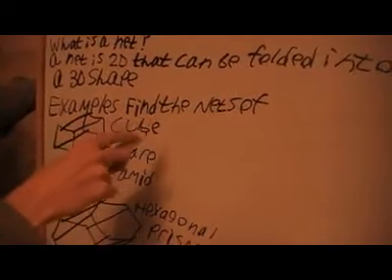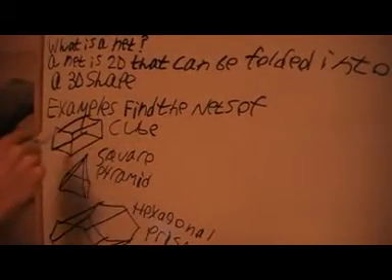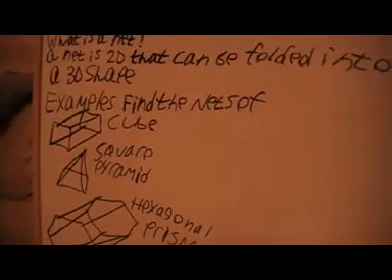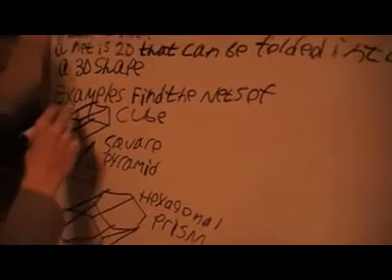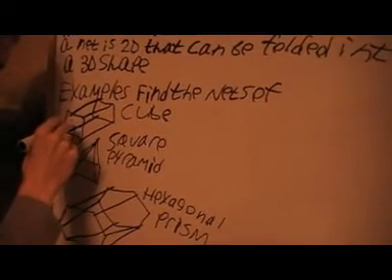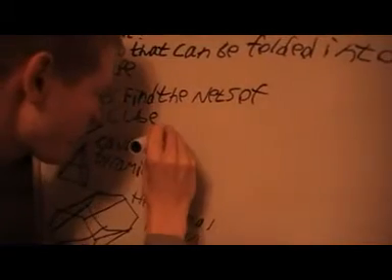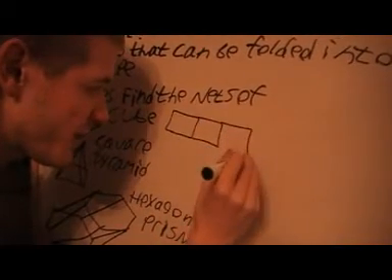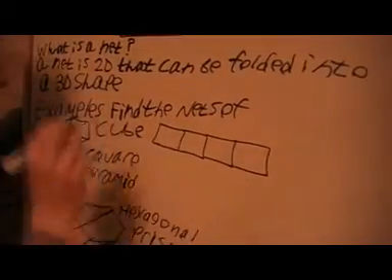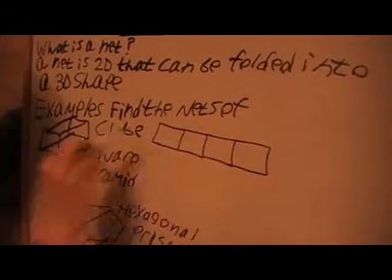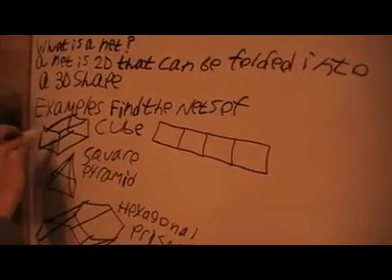So what we want to do is find a net that we can fold up to make a cube here. So let's see how we're going to do that. We've got 4 sides here, so I'm going to put 1, 2, 3, 4 like that. And we also want these two to come up here.